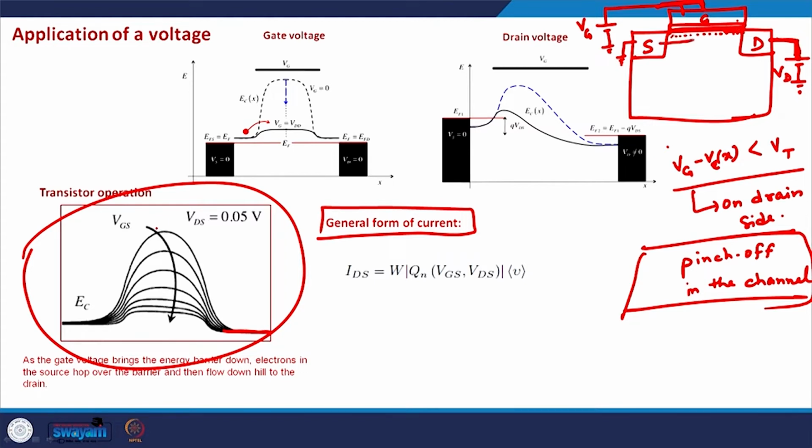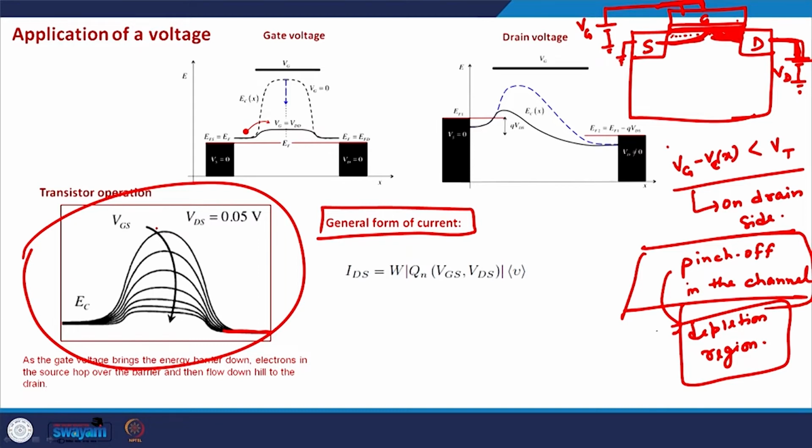On the source side, we might have a very good inversion layer, but on the drain side the inversion layer may be weak, or there might be a pinch off at all. So this pinch off is essentially the depletion region, like the depletion region in PN junctions. And when the drain voltage is high, the channel consists of an inversion layer and a pinch off region.